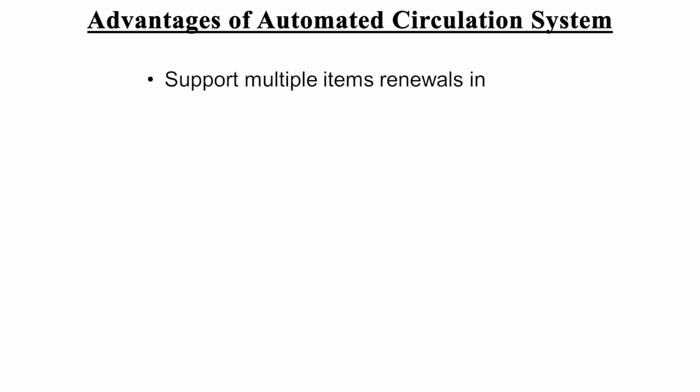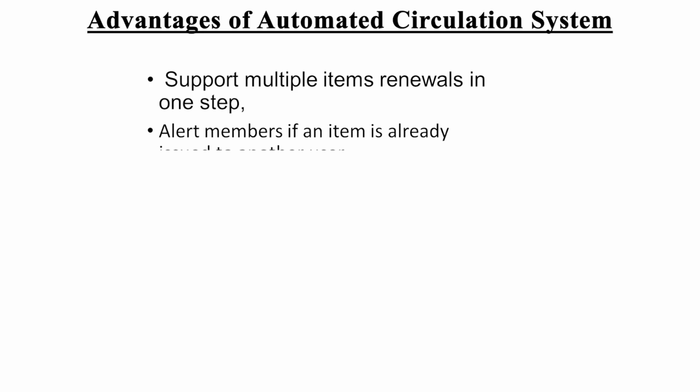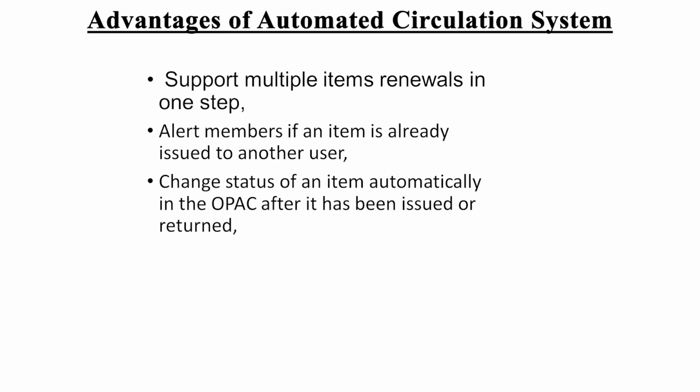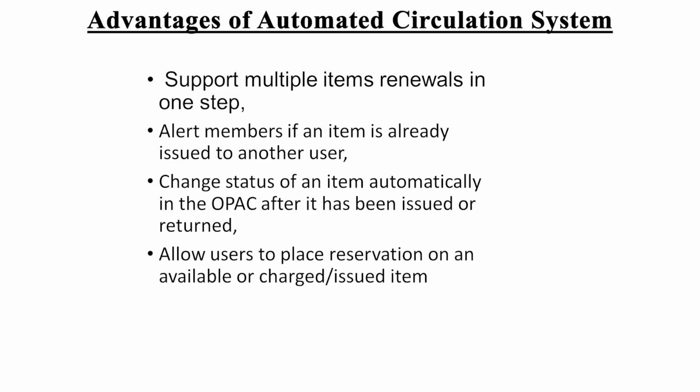Then support multiple item renewals in one step, alert members if an item is already issued to another user, change status of item automatically in the OPAC after it has been issued or returned, allow users to place reservations on an available or charged item without library intervention.